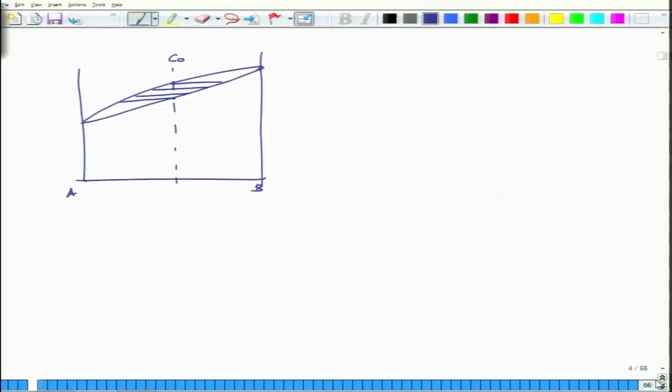So, if you draw three-dimensional sections, this is the tie line in a 2D binary system, okay, and they are parallel tie lines.